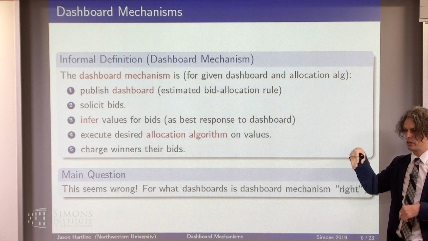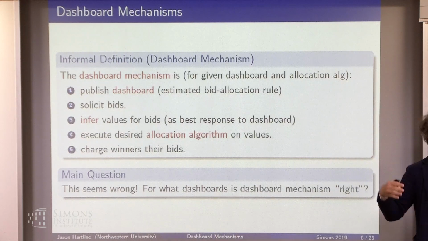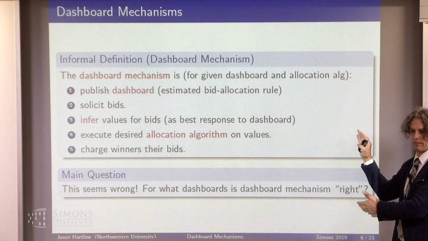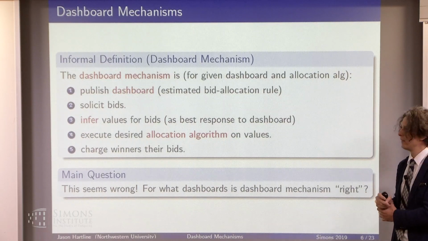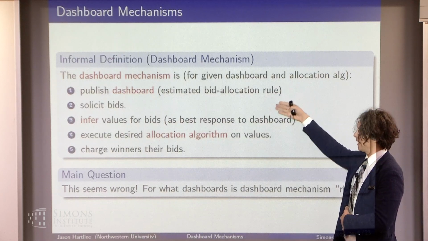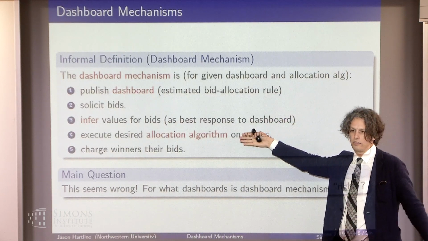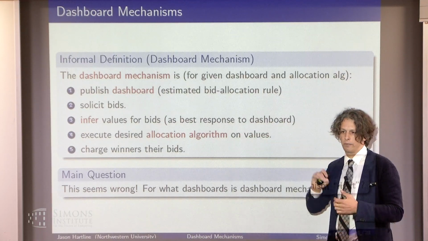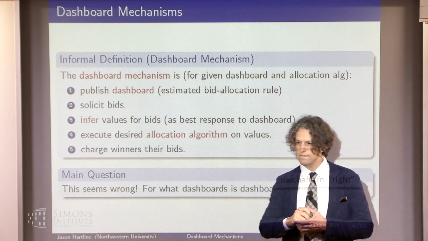And so I'm going to ask the question differently and say, well, for what dashboards is this mechanism a good mechanism? Sorry, it seems wrong because you might charge more than bids. It seems wrong because I told them there was this dashboard, and then I went and did something that had nothing to do with the dashboard. I got their values, and I implemented the efficient outcome. It's using the dashboard to infer the values.